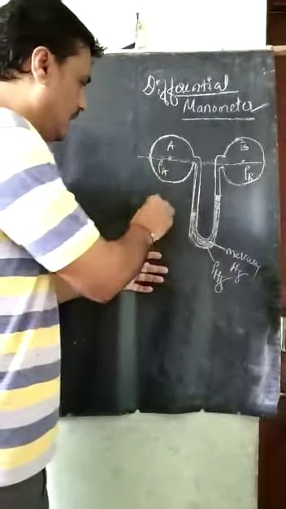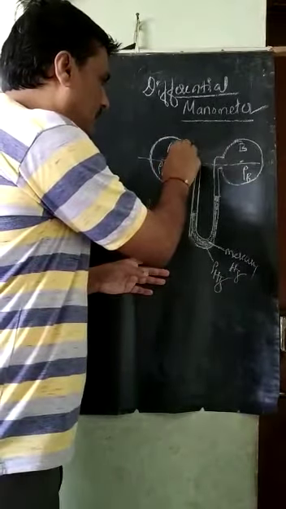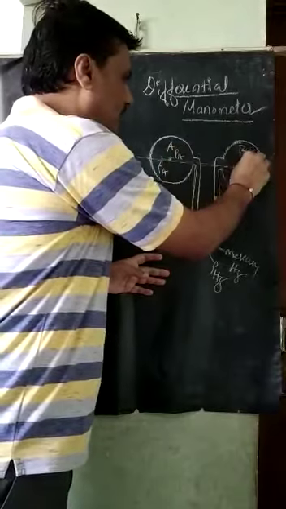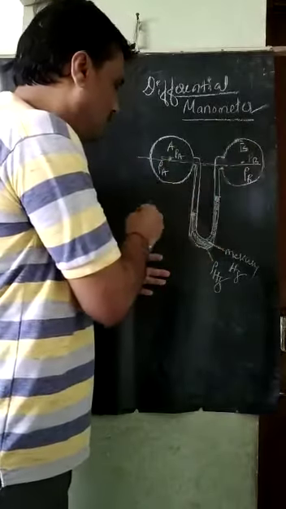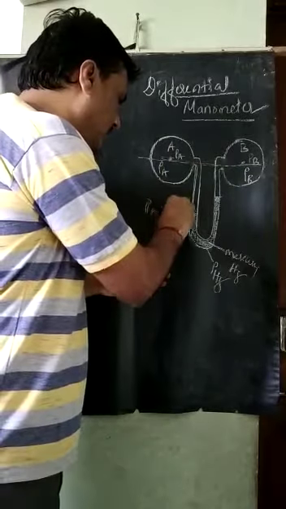This diagram is indicating the pressure at pipe A is PA, and the pressure at point B is PB. So PA is greater than PB. Why?